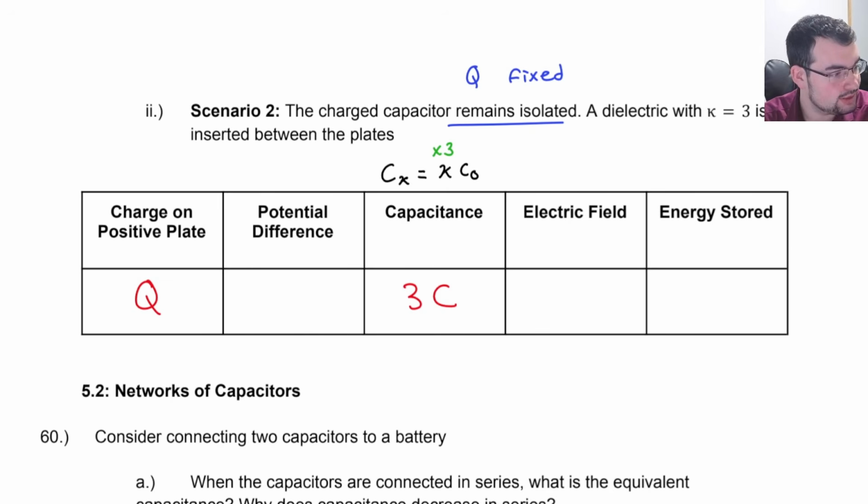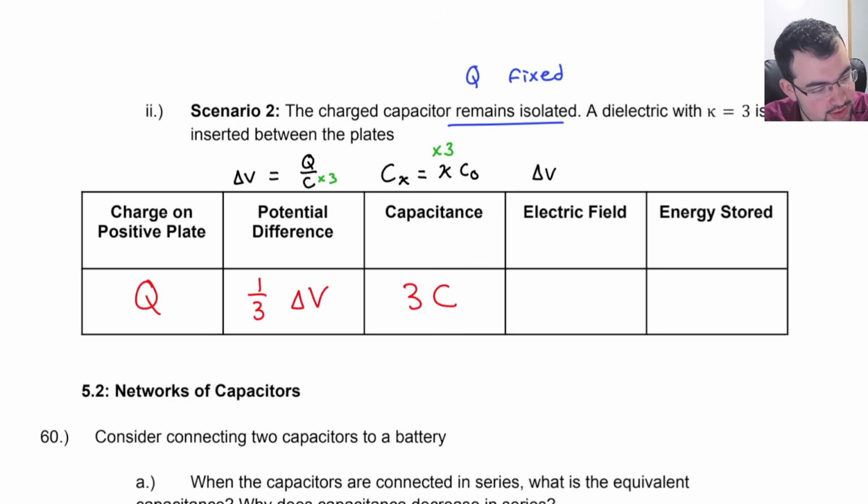Well, our potential difference, we said, could be found using the relationship Q over C. So we're tripling the capacitance, which means our voltage drop is going to be cut by a factor of 3. And this should make sense, because if I'm packing the same amount of charge on a larger capacitance, it shouldn't drop as much voltage, because we've gotten more efficient at storing charge.